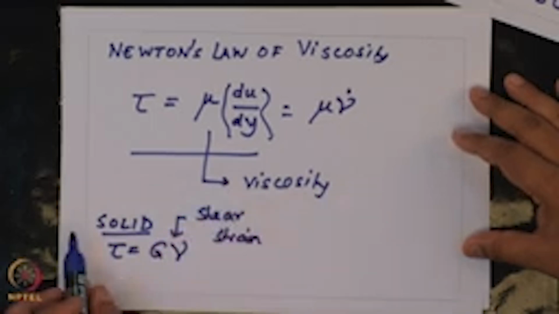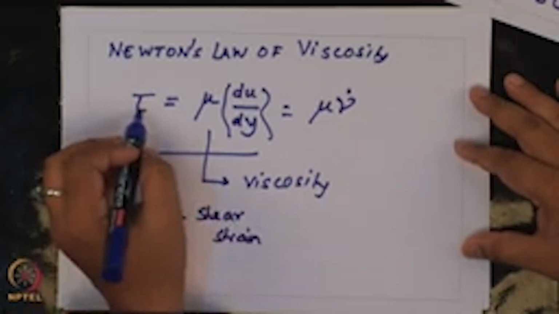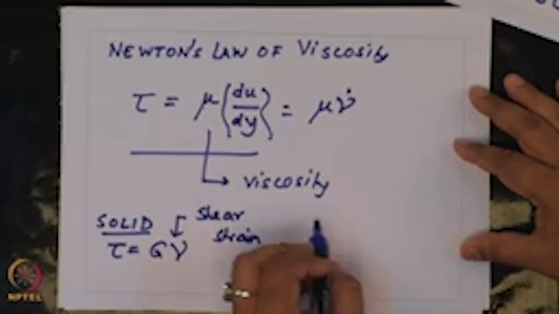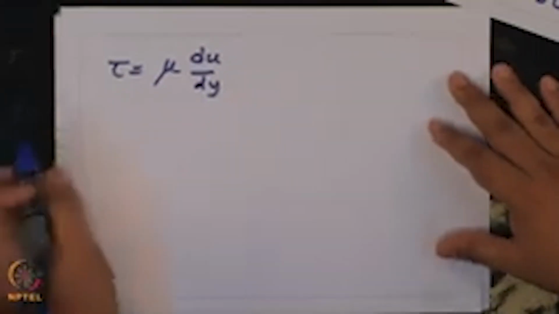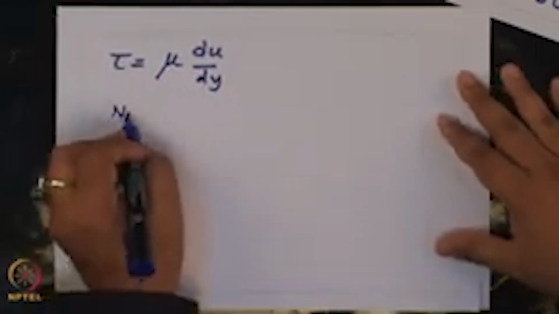So, what units does mu have? Tau has units of stress, so it should be pascals. Okay. So, I have tau is equal to mu times du by dy. Tau has units of pascals or Newton per meter square.